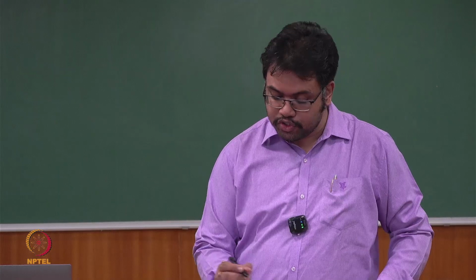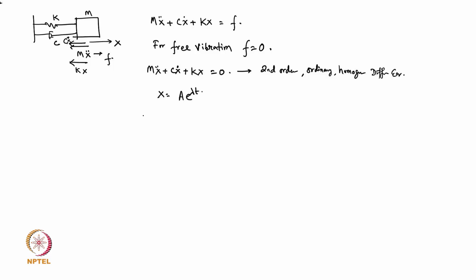Okay, so suppose we choose that, we are going to substitute it. I think in the last class we have done this. Again, I can just write it once more. This is x, and if we do the double dot, it will be lambda square a e to the power of lambda t.